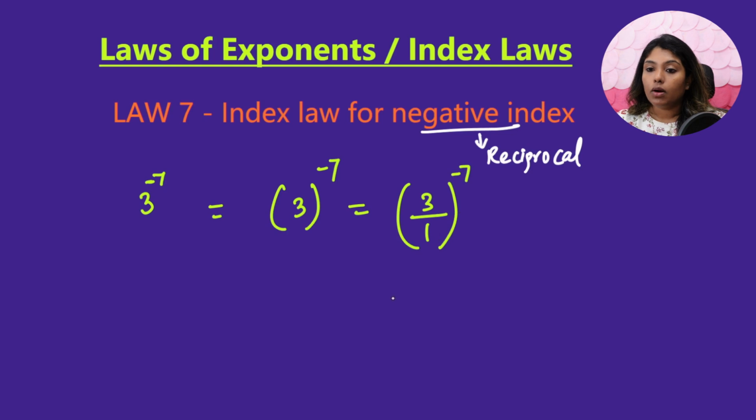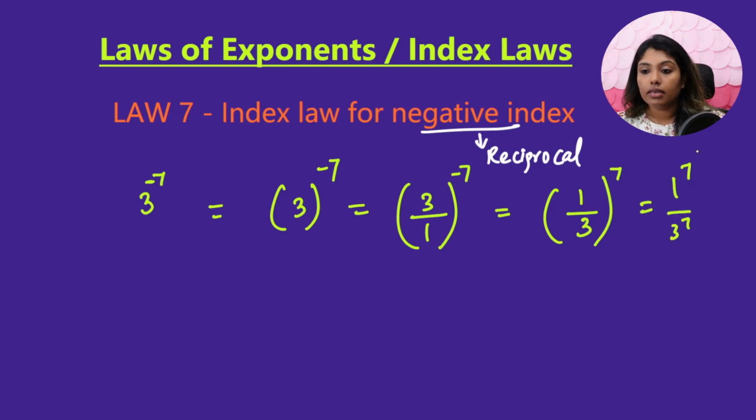Now if I have to change this negative index to a positive index, I just need to take the reciprocal of this. So when I say reciprocal, it becomes 1 over 3 raised to positive 7. And you can bring down the 7 if you want. And that's 1 raised to 7 over 3 raised to 7. 1 raised to anything is 1. So 1 over 3 to the power of 7.